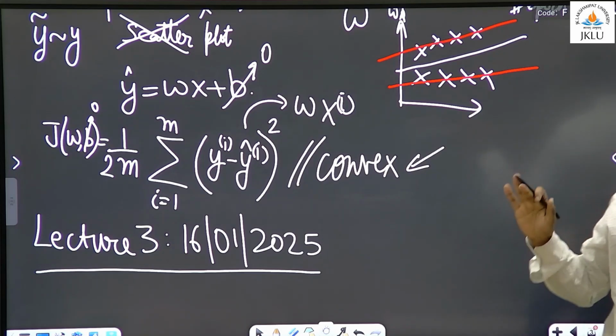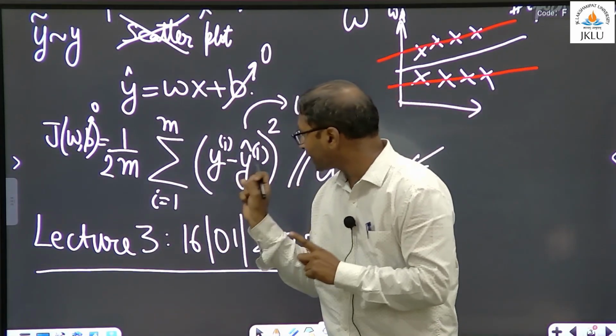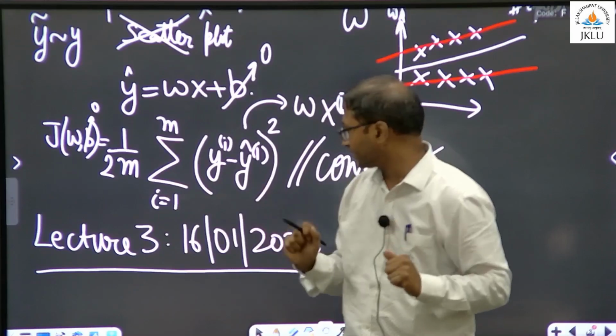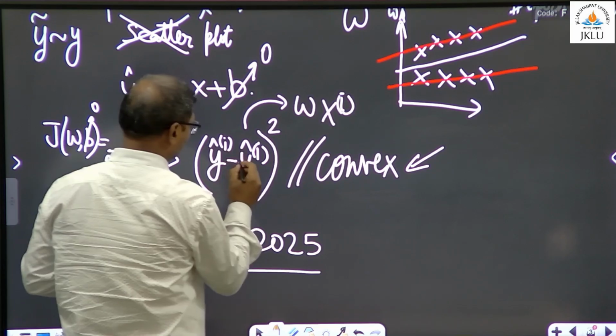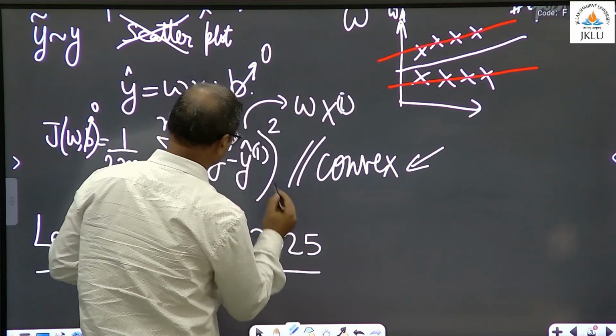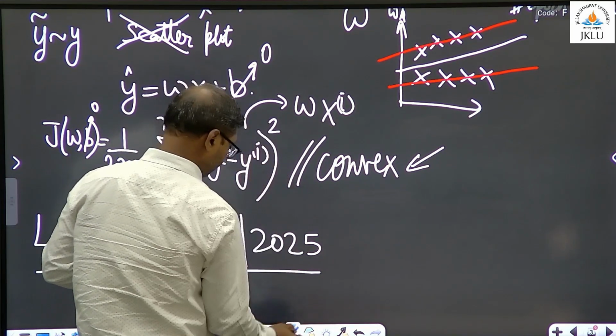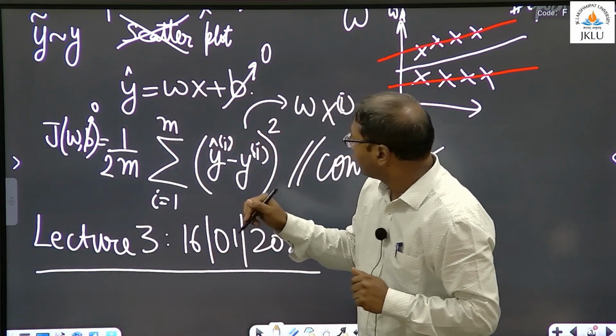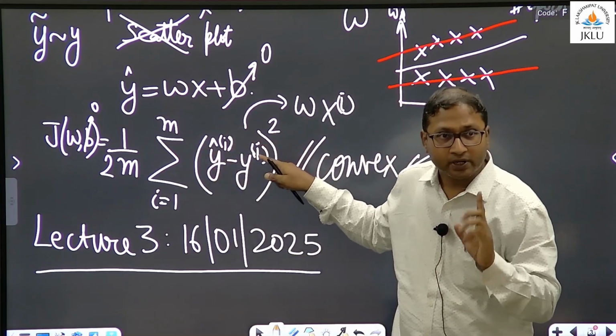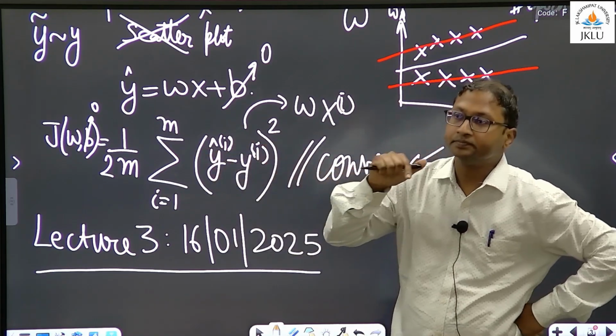This cost function could be something else, but you see this particular cost function has some important properties. Now, what I will do is I will make it this way, y hat. What are the important properties of this particular cost function?